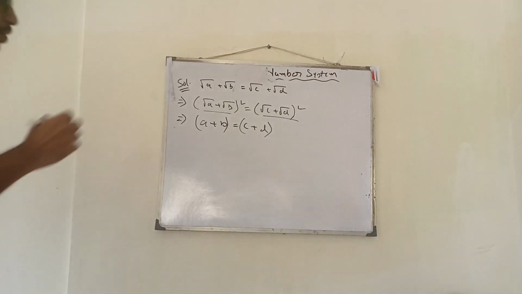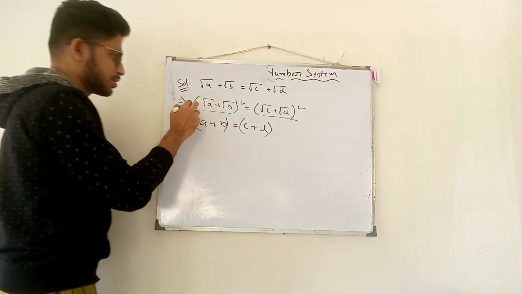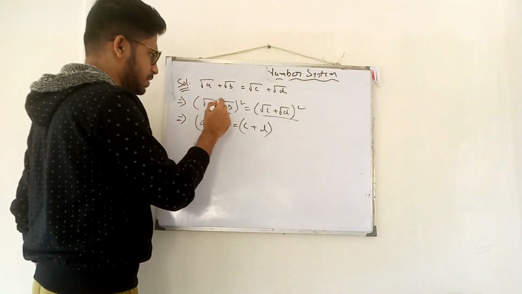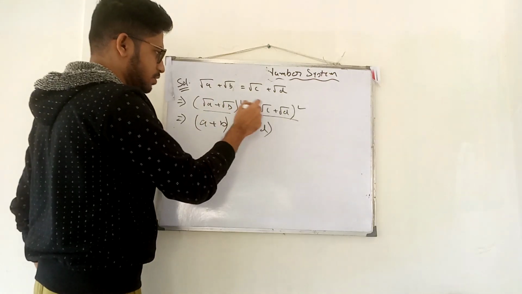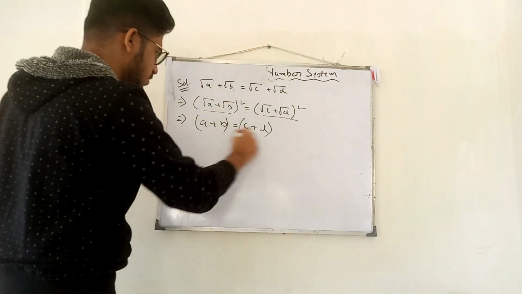Now by squaring, they squared both sides. They squared root A plus root B on this side, and root C plus root D on this side. And now this comes.